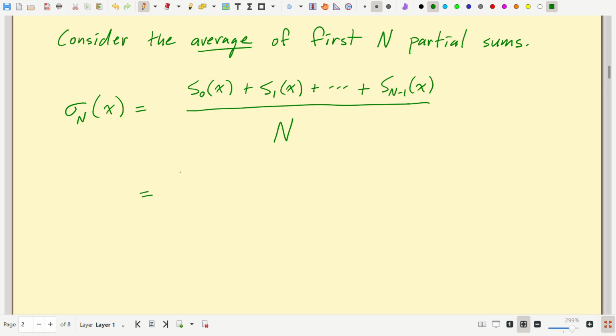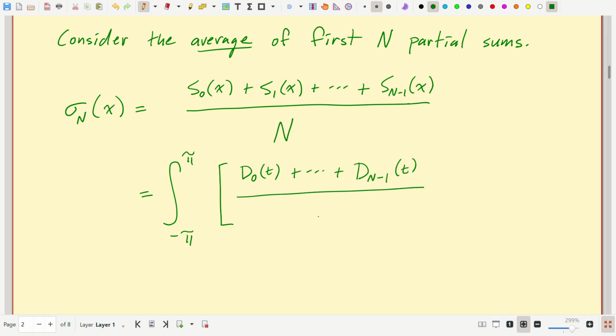when I did that calculation, I was able to write these partial sums as the 0th Dirichlet kernel plus blah, blah, blah, out to the n minus 1st Dirichlet kernel, over n, times f of x minus t.